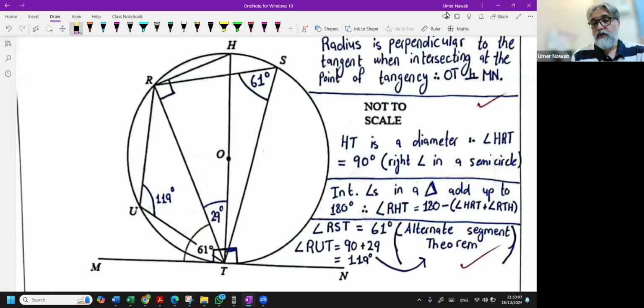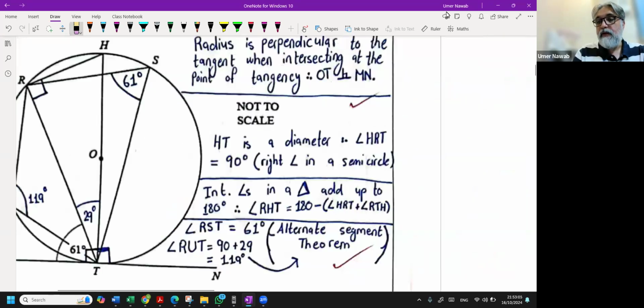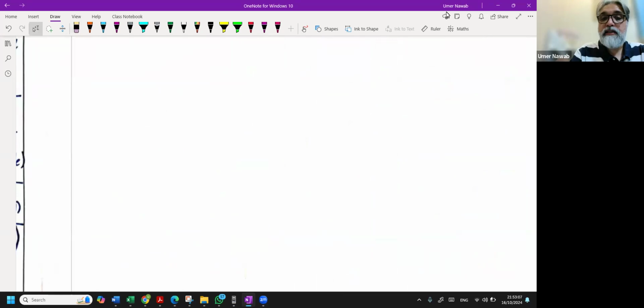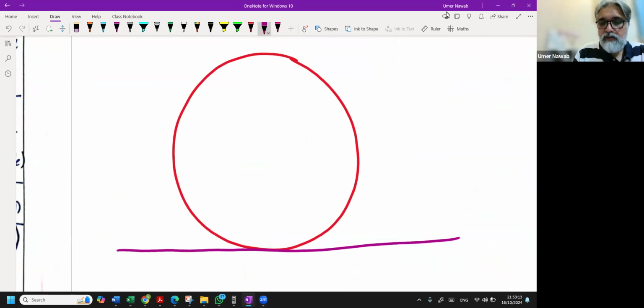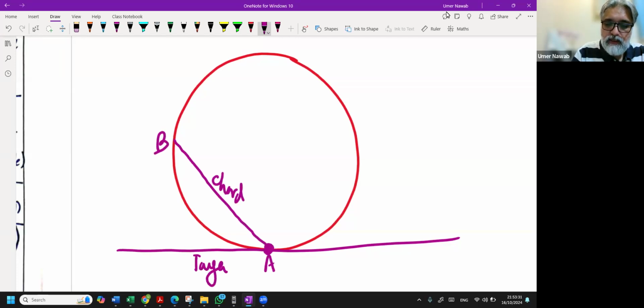Another important property, which is called the alternate segment theorem. If you remember, if I have a circle and you have a tangent, this is the point of tangency where the tangent is touching the circle, and I am going to make a chord here. So suppose this is the chord AB, and this chord is making an angle with the tangent.